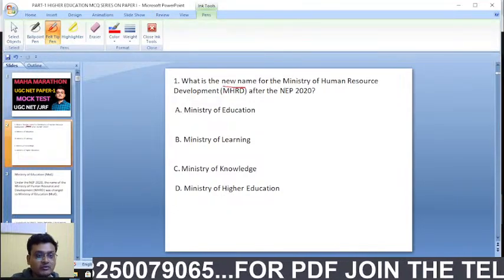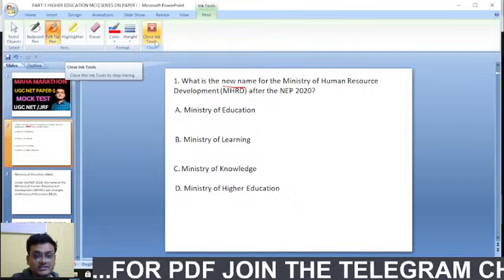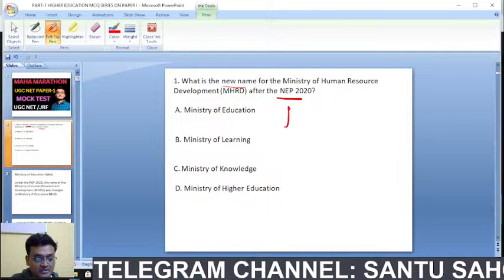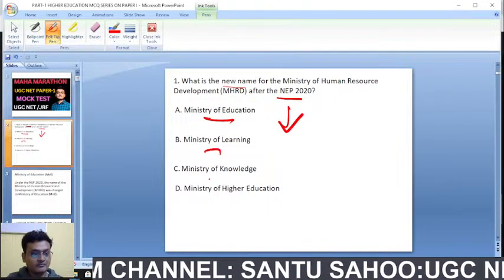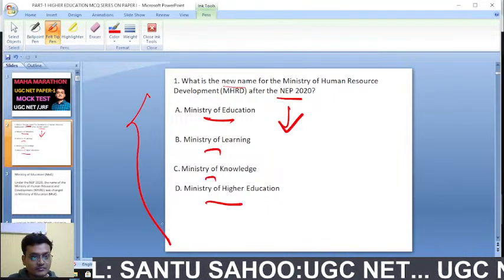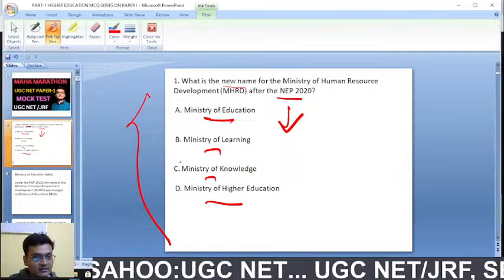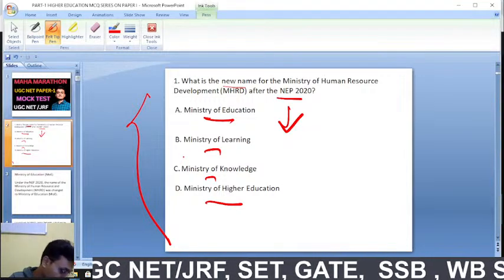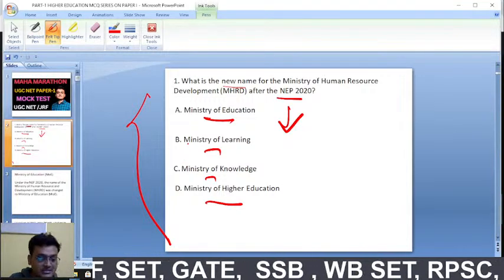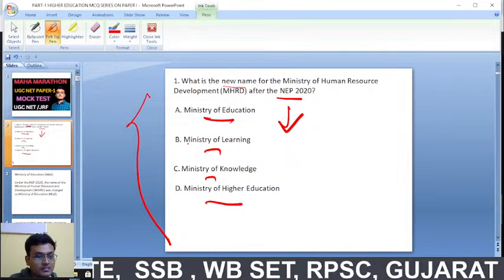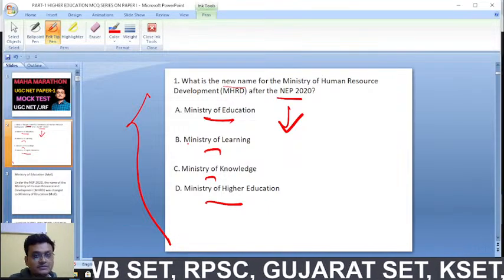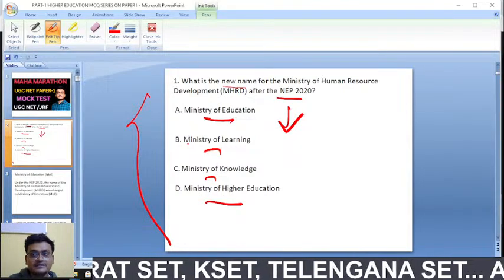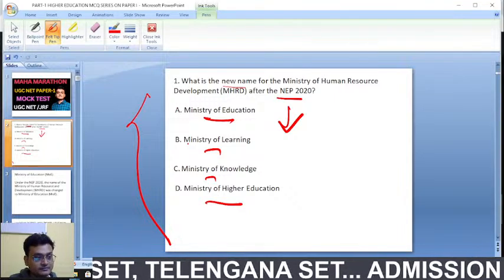What is the new name for the Ministry of Human Resource Development, that is MHRD, after NEP 2020? What is the new name of MHRD after NEP 2020? We have three education policies: 68, 86, then 2020.